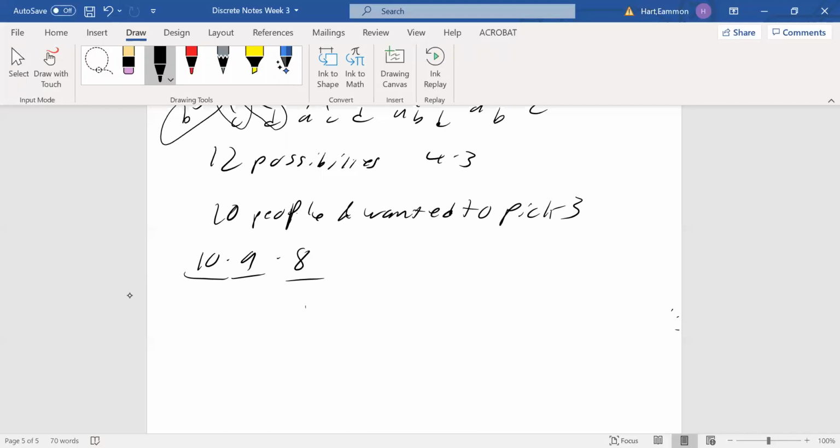So this right here is equal to 10 factorial divided by 7 factorial.